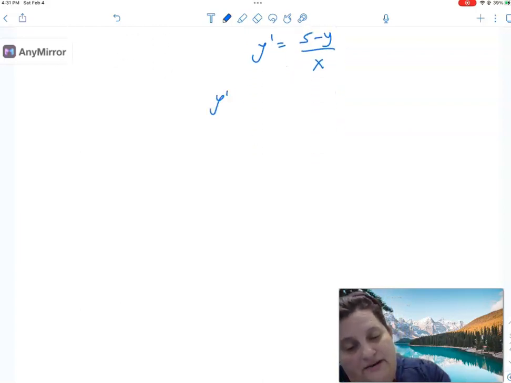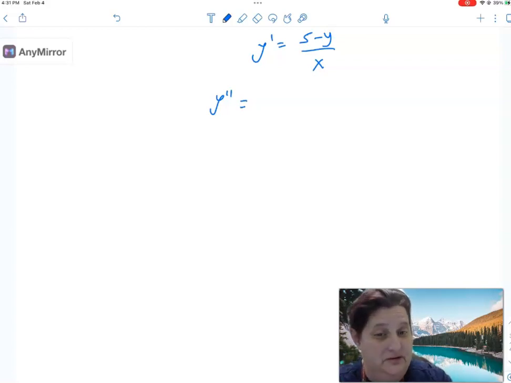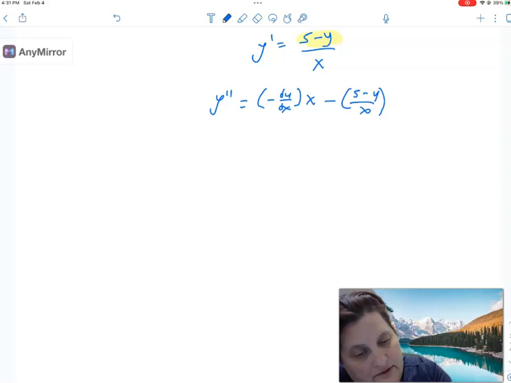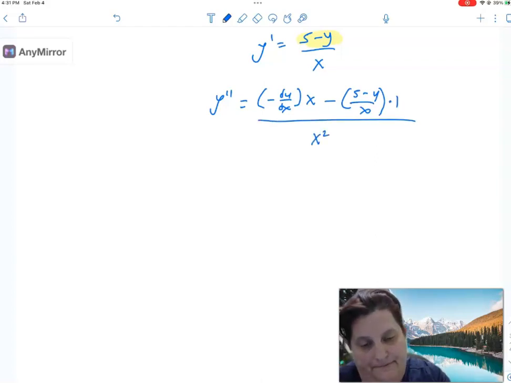So now I've got to find y double prime, my second derivative. Now this is implicit differentiation. So I've got to go derivative of the top times the bottom. Derivative of the top is a negative 1 dy dx, times the bottom, minus the top times the derivative of the bottom, which is 1, over the bottom squared.